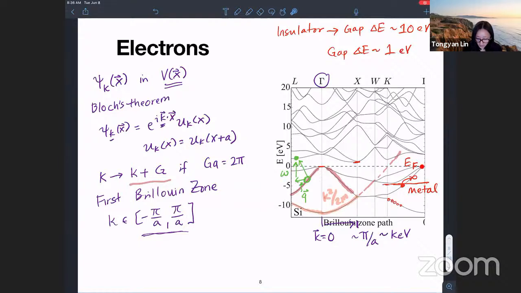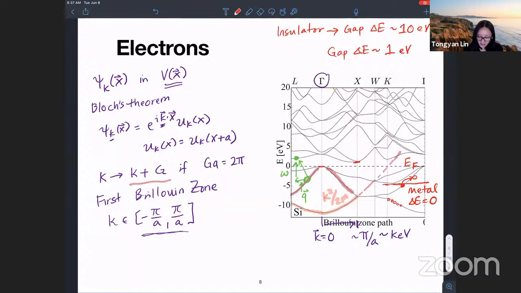And if we move the Fermi energy below, that's a metal with 0 gap. That flexibility gives a lot of options when you're considering different materials for dark matter scattering.